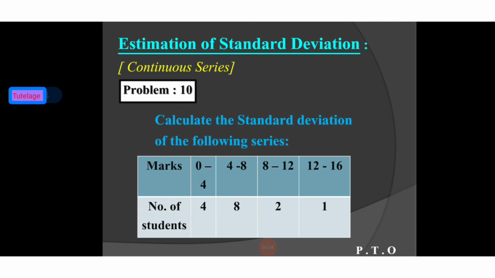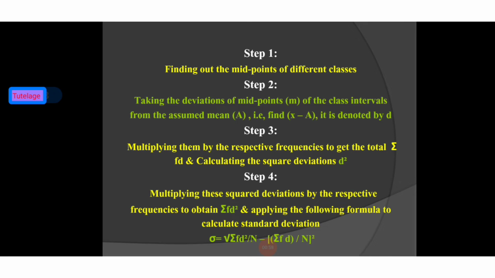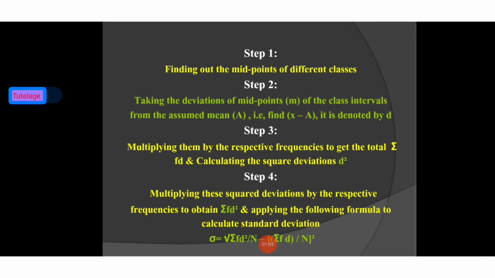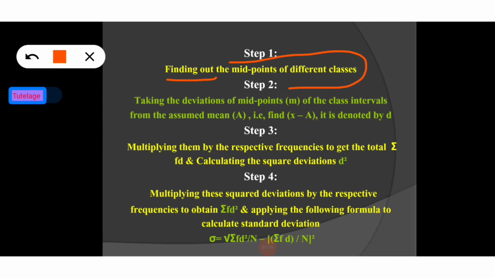Okay, so now let's move on to the next slide. So here we can see the first step. What is the first step for the calculation process of the standard deviation? So step 1 is finding out midpoints of the different classes. So at first we have to find out midpoints of the different classes.